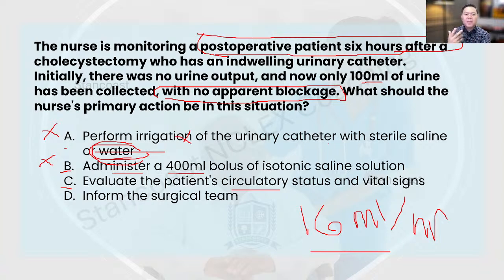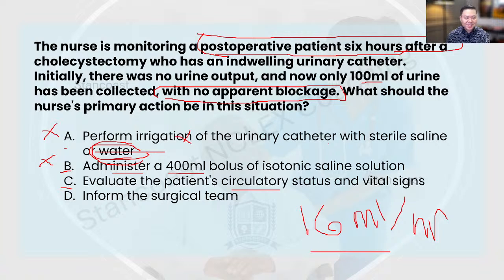Or maybe there is an order to do a renal challenge, wherein we give a small volume of fluid rapidly to see if the kidneys will respond. That is what a kidney challenge is. But again, we really need to investigate first before administering the bolus.